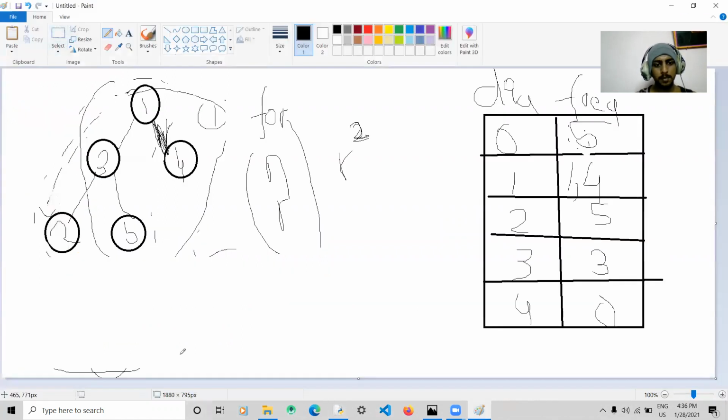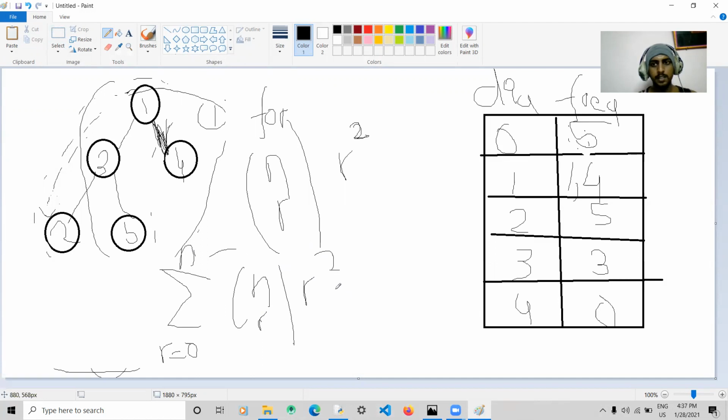And so the total time complexity is sigma of nCr times r squared, where r goes from 0 to n.